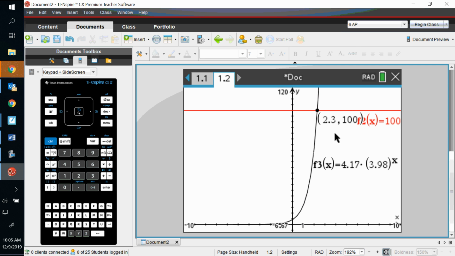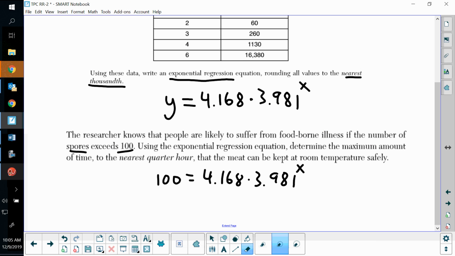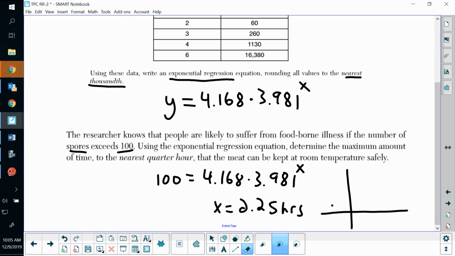Which of those quarter hours is 2.3 closest to? Well, it's closest to 2.25. So our final answer here would be x equals 2.25 hours. And we can just draw a rough picture of our graph, 2.3 comma 100, to show that for some work.